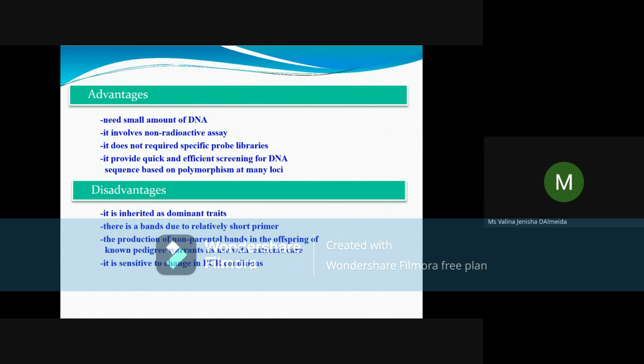Applications: genetic mapping. Second one is F1 identification. If you have two parental plants and then you have first generation plants, if you run the genomic DNA and use one particular primer for all three plants, they will not produce the same kind of fragments in amplification. There will be differences.